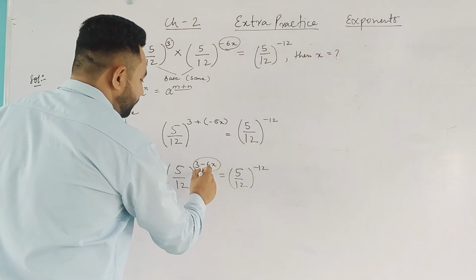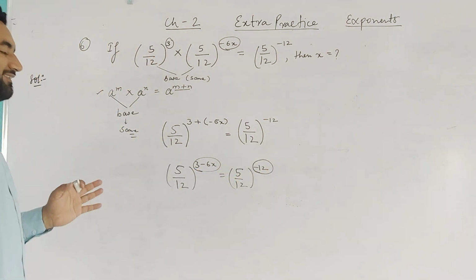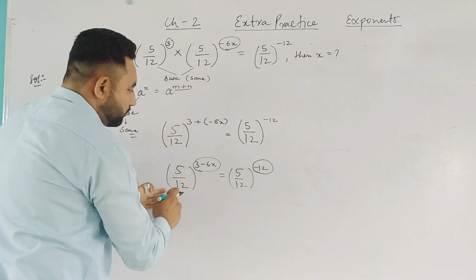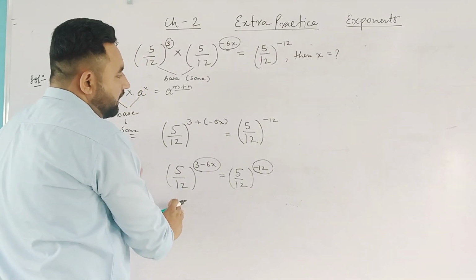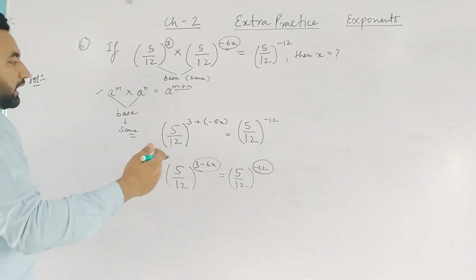What is 3 minus 6x here? What is minus 12 over here? These are the exponents. You can also call it power. So when the bases are the same on both sides, on the left hand side as well as the right hand side, we equate the power.